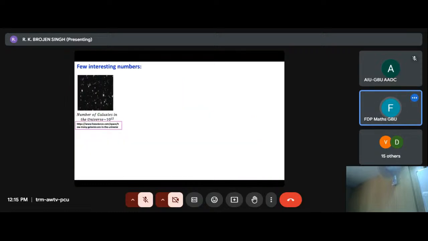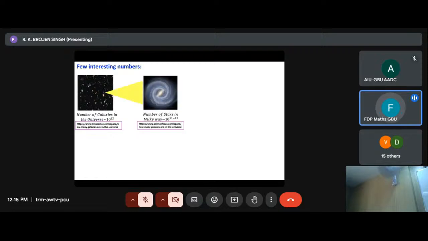Now let us try to look at a few interesting numbers. If you look at the universe, it is called the observable universe. We do not have the complete number for the universe, but the observable universe is what we can observe from the surface of the Earth. It is roughly 10 to 12 galaxies.